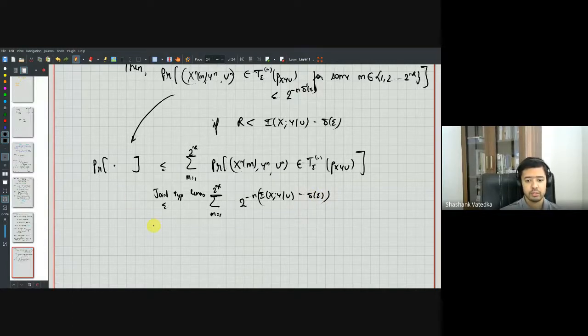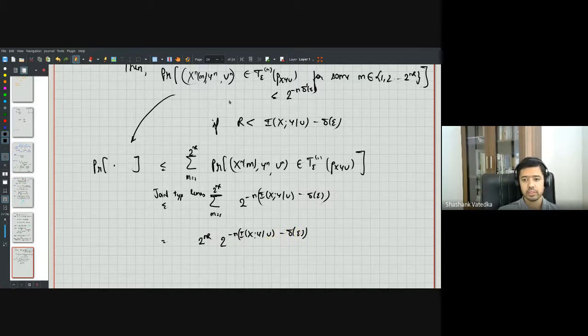So this is simply 2 to the nR times 2 to the minus n times the mutual information, minus delta of epsilon.